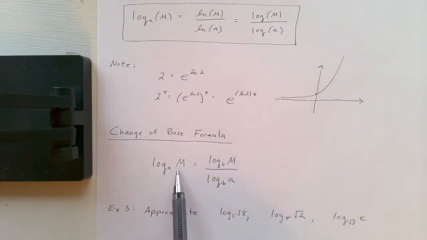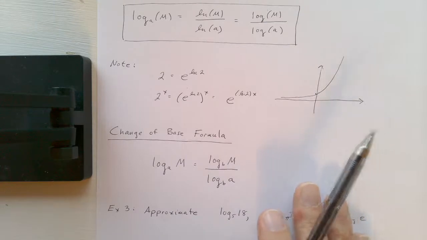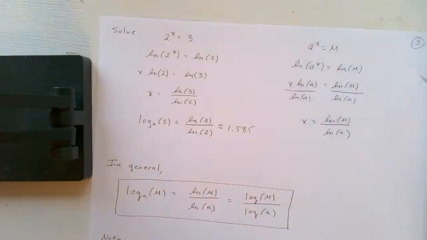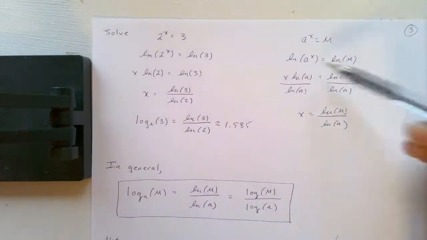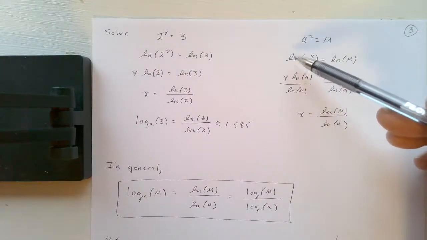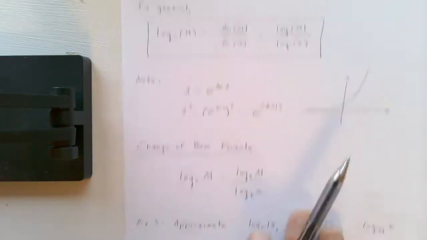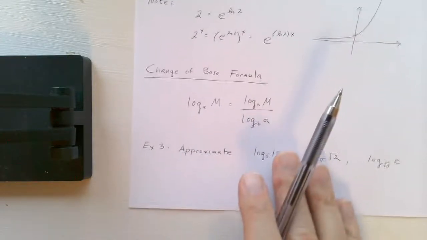The log of m base a is the log of m base b divided by the log of a base b. Basically, you would just do the same steps you did up here, except instead of using natural log, you use log base b. So this is actually a special case of this change of base formula.